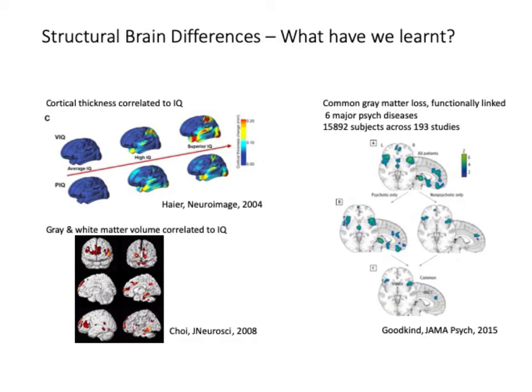A more recent study in 2015 also established that the volume of these specific brain differences were highly correlated and linked to functional activity across 15,800 subjects spanning 193 studies of 6 major psychiatric diseases, which includes schizophrenia, depression, addiction, and anxiety.